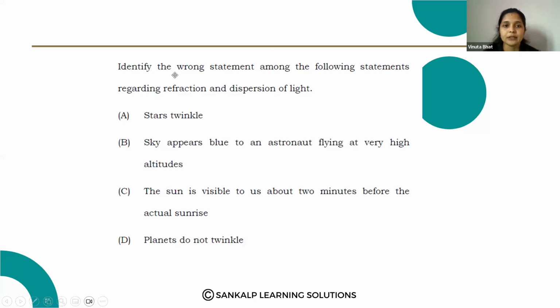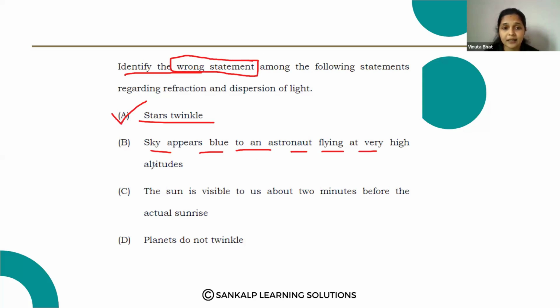You have to identify the wrong statement. Stars twinkle, yes, that is a correct statement. Sky appears blue to an astronaut flying at very high altitudes? The sky does not look blue for an astronaut flying at high altitudes because there are no atmospheric particles present to scatter the light. So option B is the wrong statement.